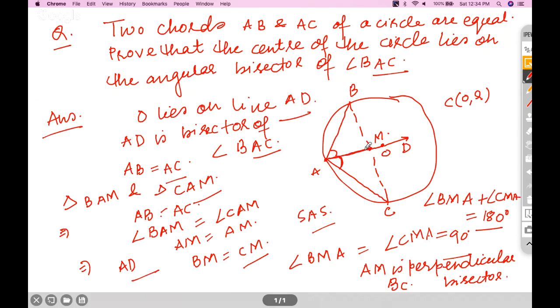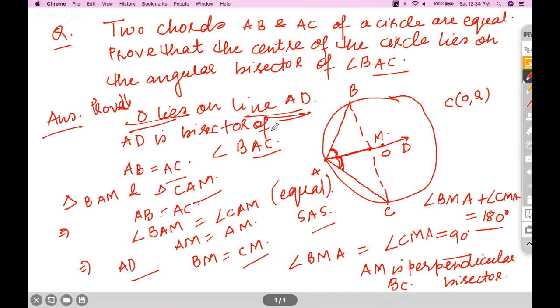Now what I assumed initially is that O lies on AD. You can solve it from the other side also. You can say that these two angles are equal, and then you will have to prove that O lies on AD.